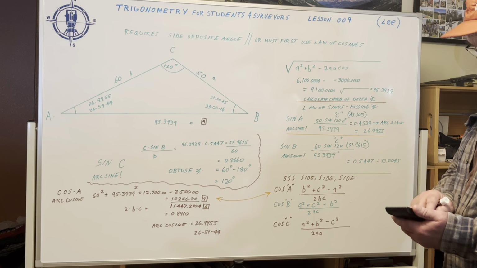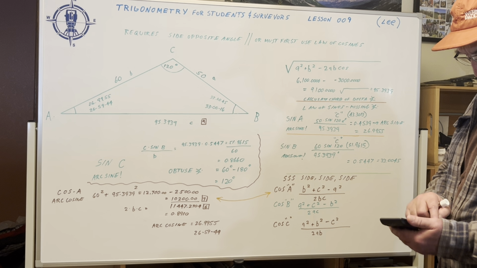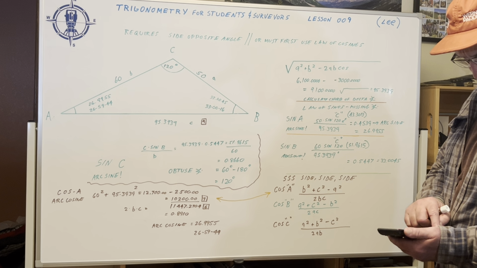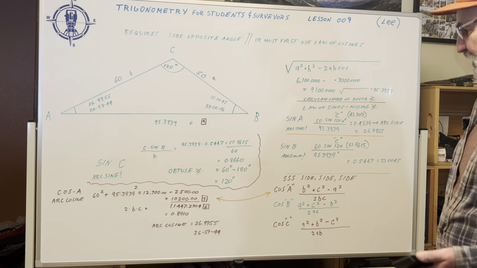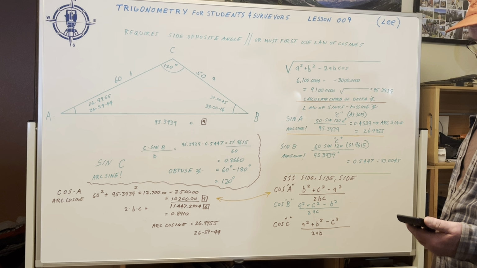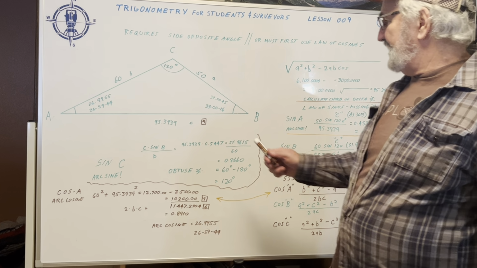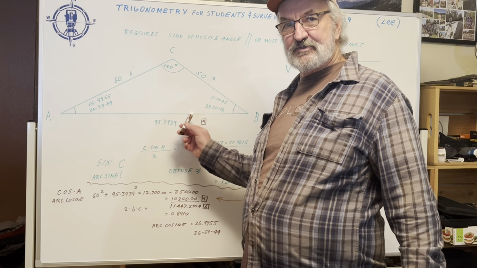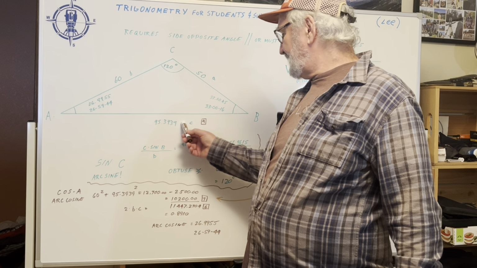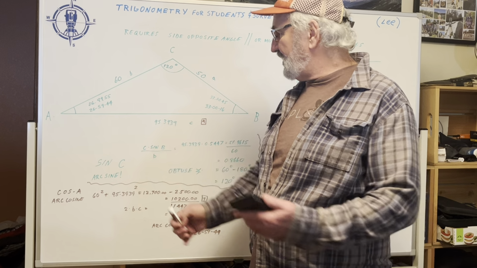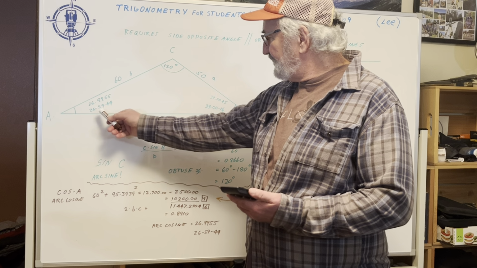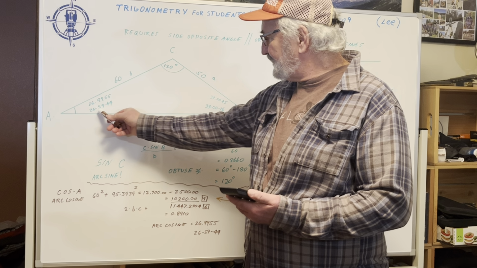So if I went 0.8910, arc cosine is 27. Yeah, I got 27 because I'm using rounded decimals that were not entered in the calculator. So this must have been changed a little bit. We're only a few seconds off, 6 seconds from 27 degrees.